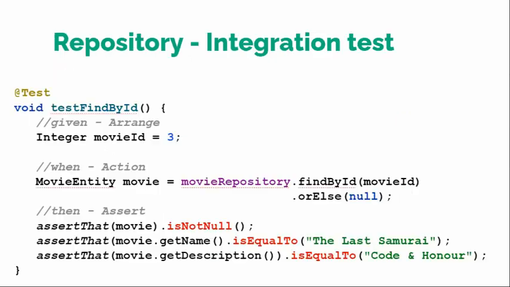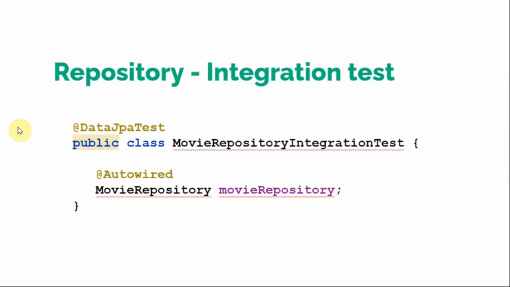So this single annotation here will launch the Spring context as well as initialize the database with all the tables in it, and all the tables contain the records that we have inserted as seed data. And that's why we are able to autowire, or inject, the dependency, which is MovieRepository. So this is coming from the Spring container or Spring context.